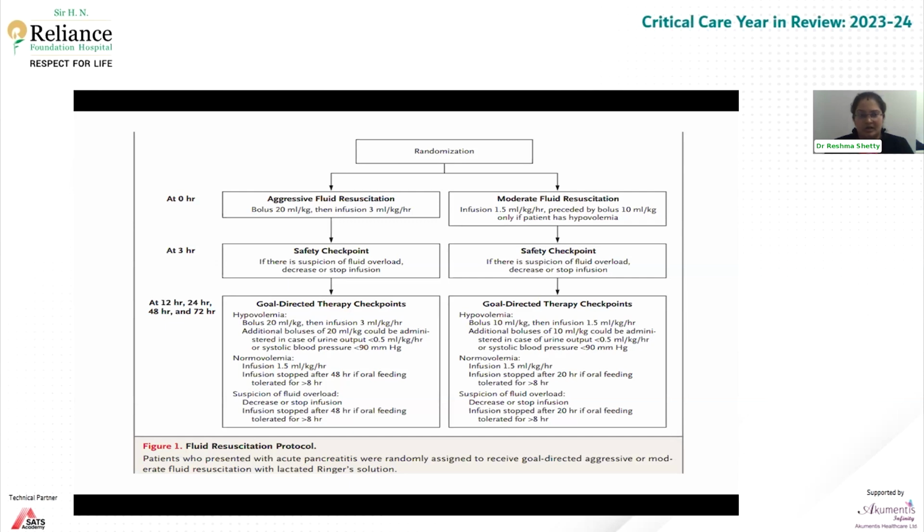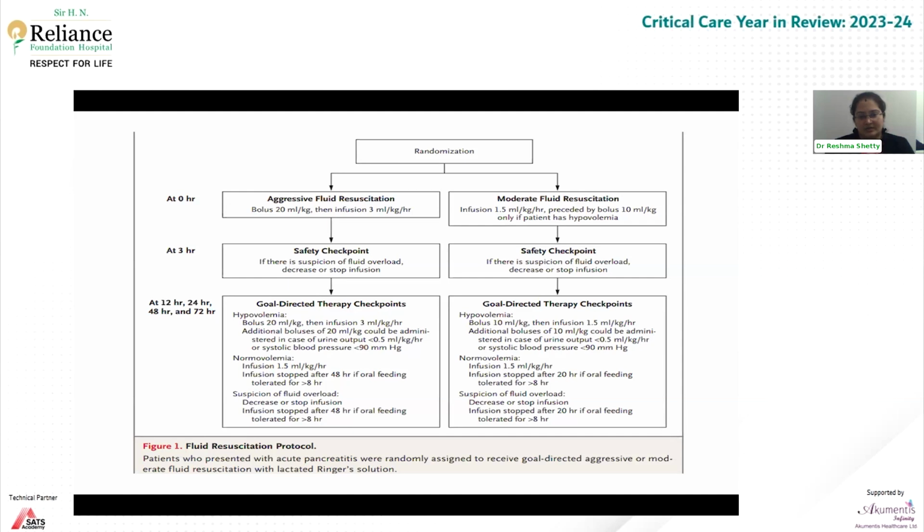So in the aggressive fluid resuscitation, it was around 20 ml per kg, followed by 3 ml per kg per hour. Whereas in the moderate fluid resuscitation, they started with a bolus of 10 ml per kg, followed by an infusion of 1.5 ml per kg per hour.